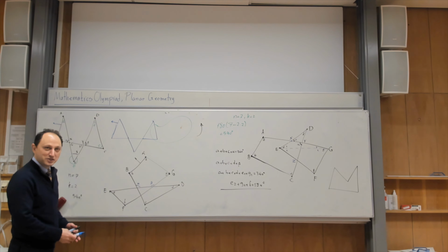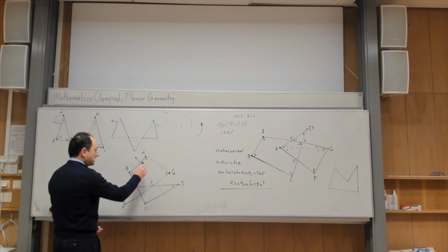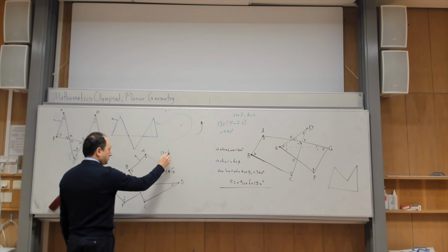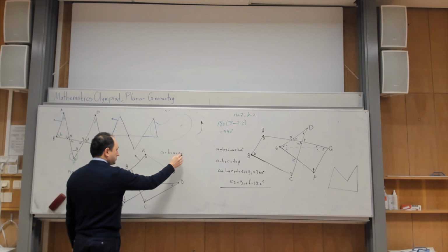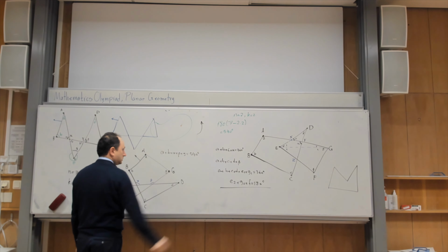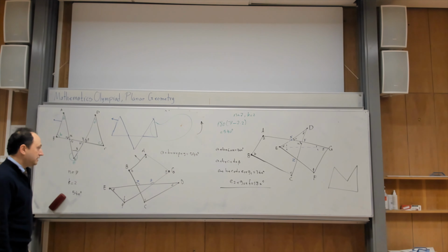That's probably simpler. So what we know in this pentagon is that A plus B plus alpha plus beta plus G is what? We know that by now. It is 540.